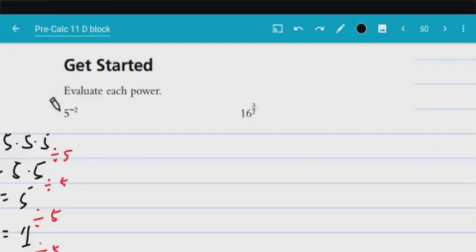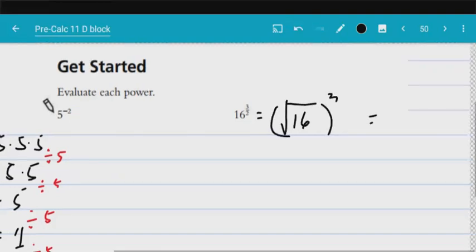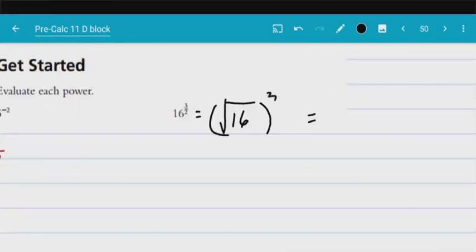We can take the square root first, or cube it first before getting the square root. Now, I don't know which one you want. Both of them would work. So let's take a look.